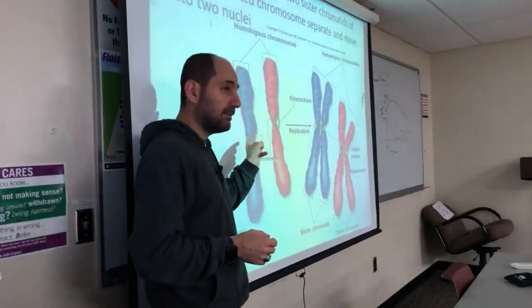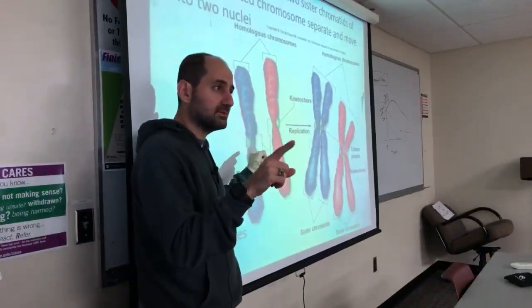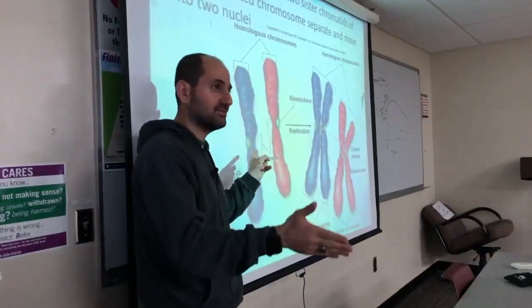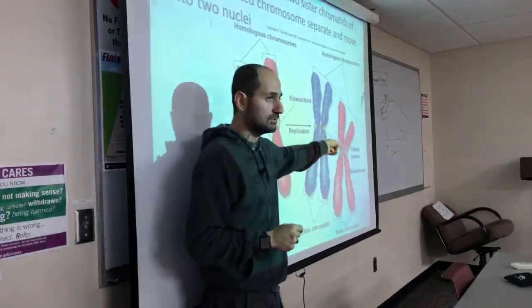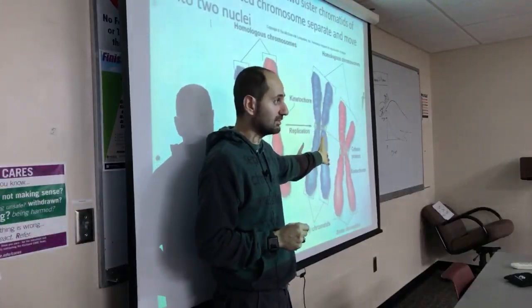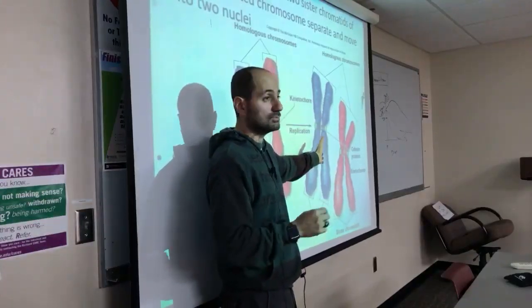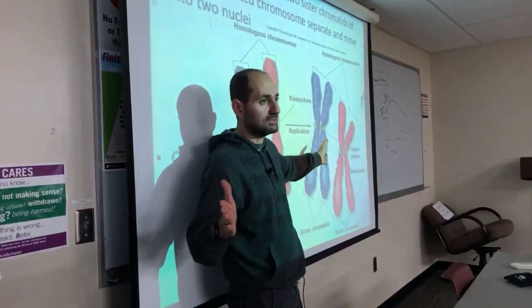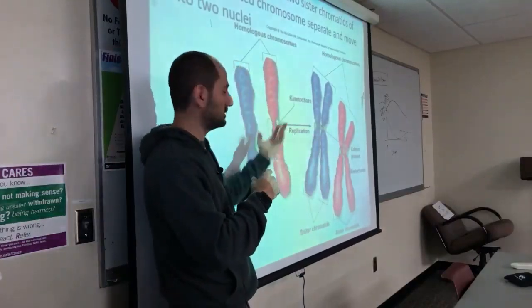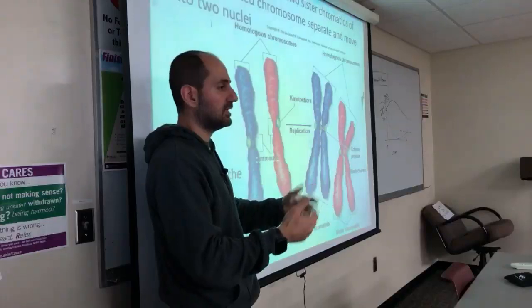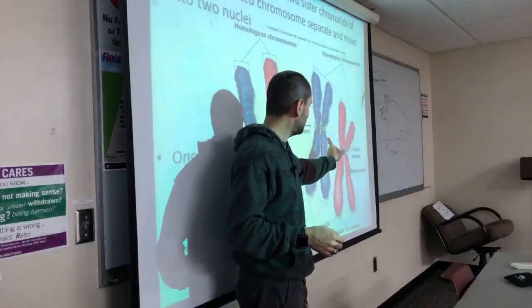When these get copied during S phase, only after S phase, not before, do you have sister chromatids, right? Sister chromatids do not exist in the cell before S phase. Before S phase, you just have the homologous chromosomes. Then you copy everything. Now you've got 2 exact copies of dad's chromosome 1.